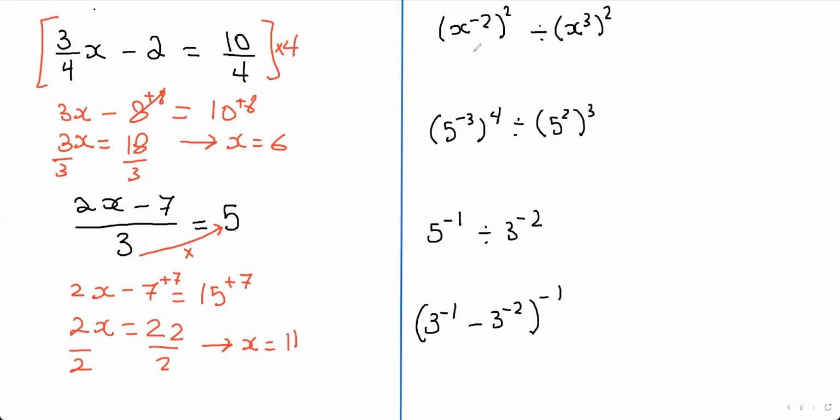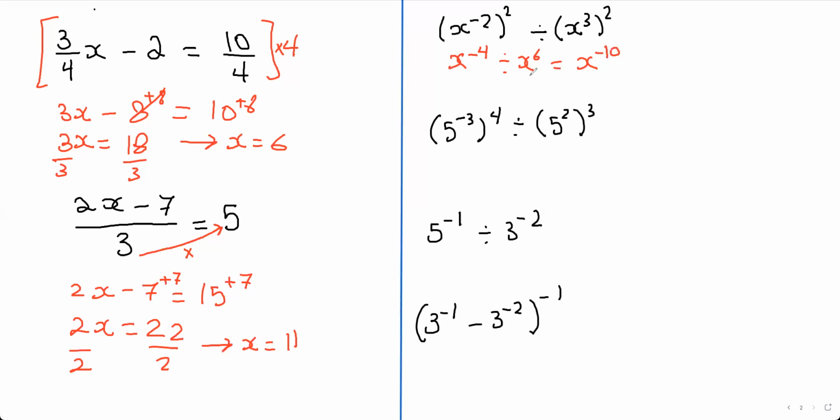Here, when you have bases or exponents outside the brackets, you always multiply them into the exponents inside the brackets. So this becomes x to the power of negative 4 divided by x to the power 2 times 3, which is 6. And when you're dividing, you minus the exponents, and therefore you're going to get x to the negative 10.